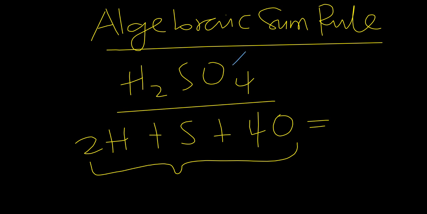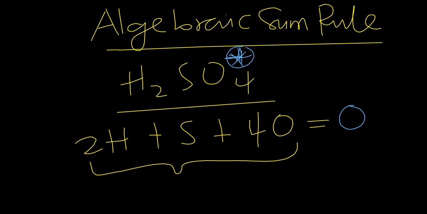The total charge on the molecule is usually written here. In this case, the total charge on the molecule is actually 0. So this sum of the charges of the individual atoms can be added together to give you the total charge on the molecule. This is what we call the algebraic sum rule.